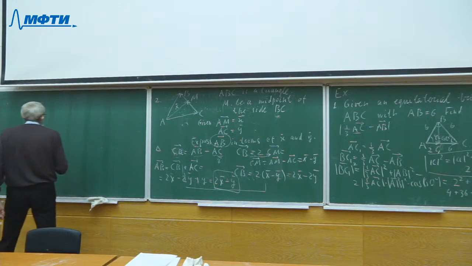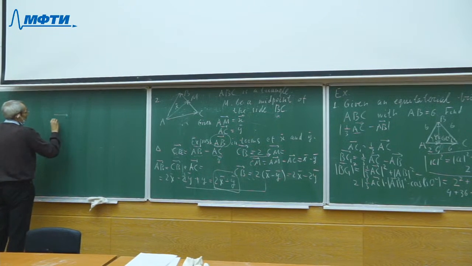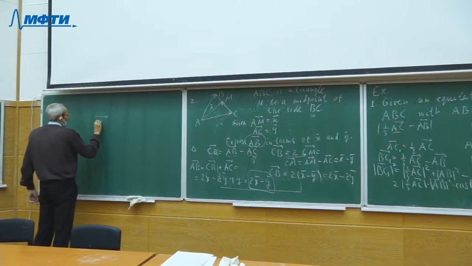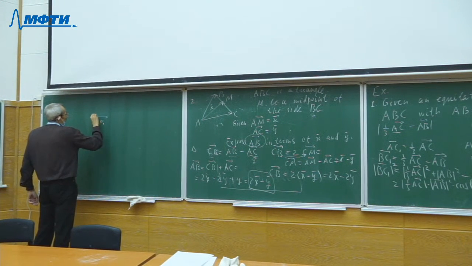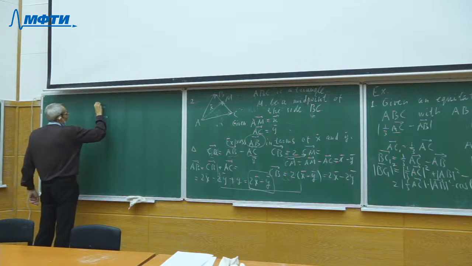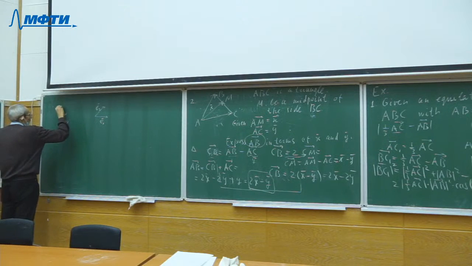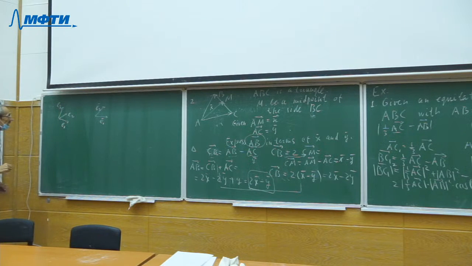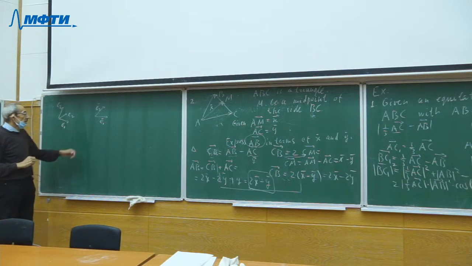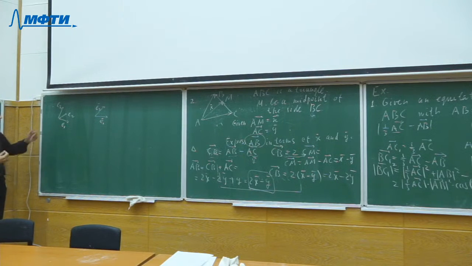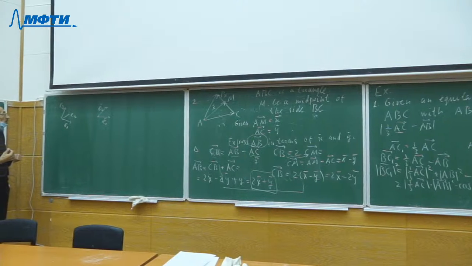I recall that if we have two vectors e1 and e2 in a plane, or three vectors e1, e2, e3 in space, in the first case we have two non-collinear vectors, and in the second case three non-coplanar vectors.